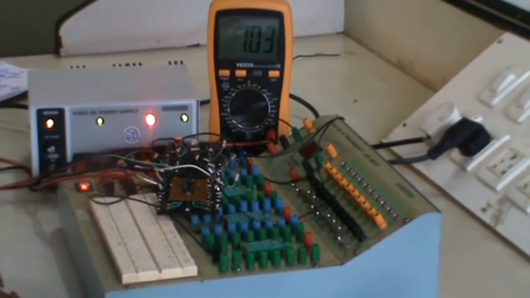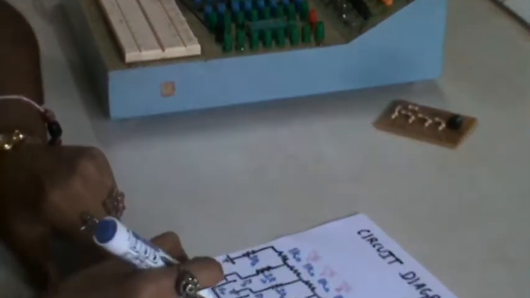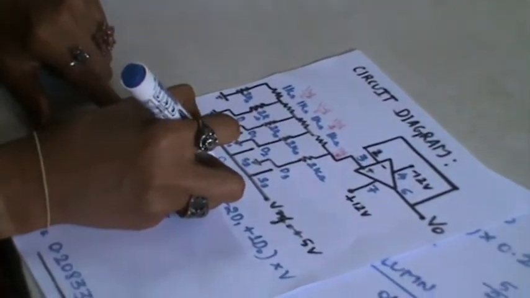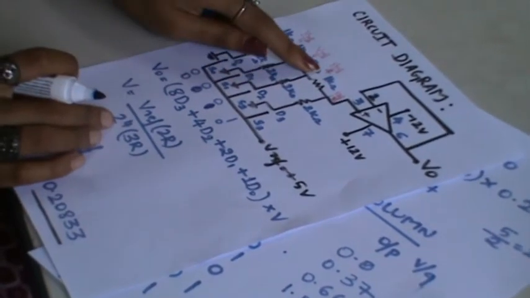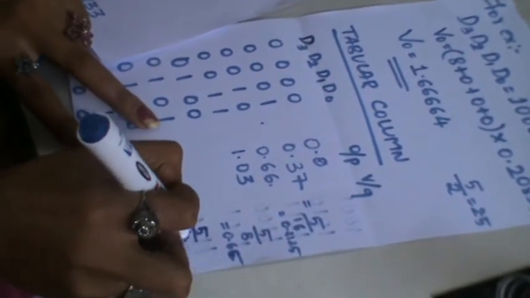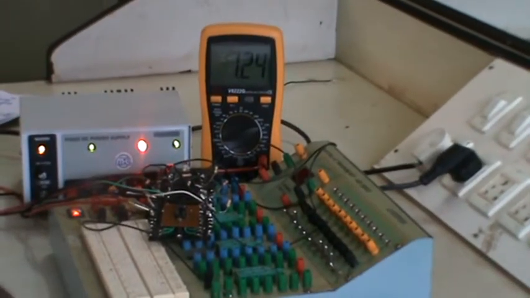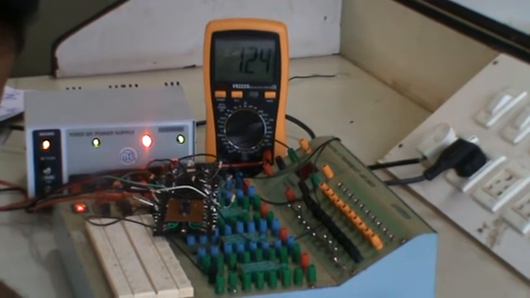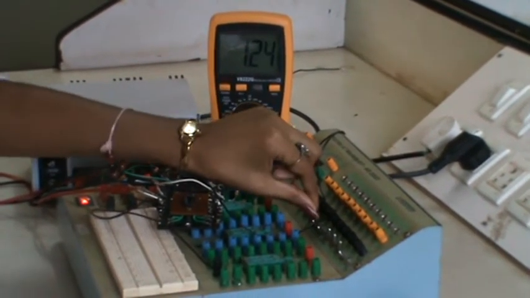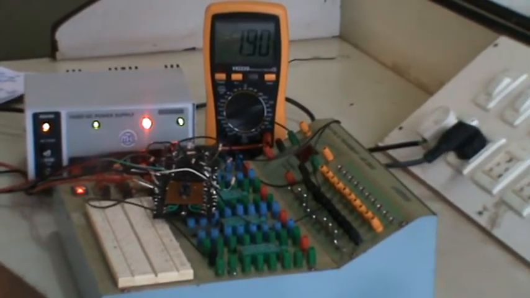Next it is 4. For 4 I have to give the value 0, 1, 0, 0. So I should get V reference by 4, that is 5 by 4, which is 1.25. We are getting nearly equal, that is 1.24. Now check for 5. For 5 we are getting 1.61. For 6 it is 1.90.